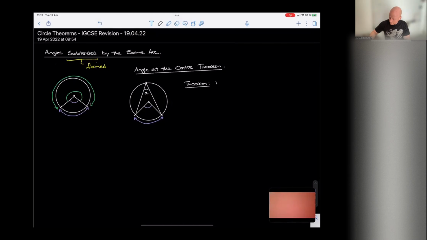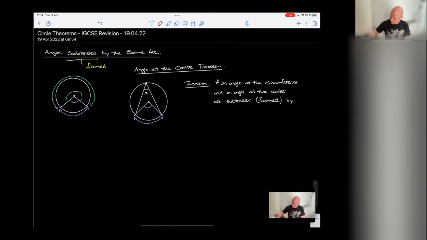It tells us that if an angle at the circumference and an angle at the center are subtended, remember, that just means formed by the same arc, then the angle at the center is twice the angle at the circumference.